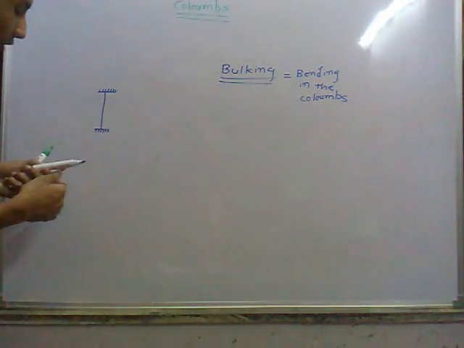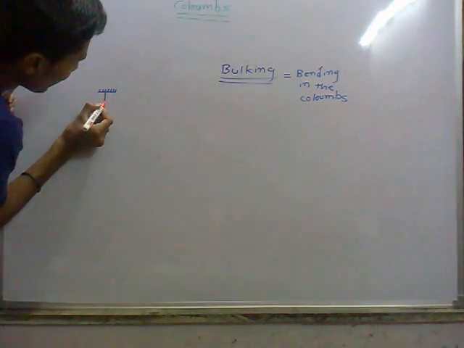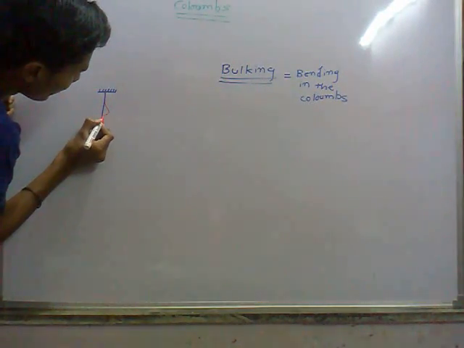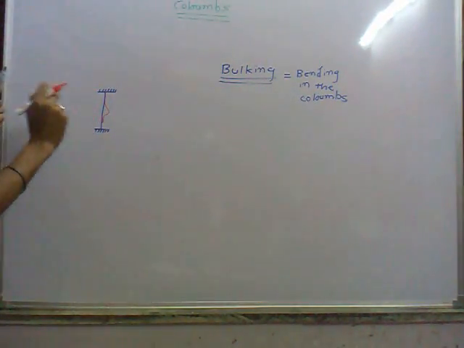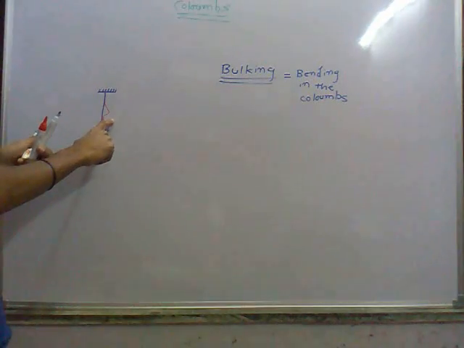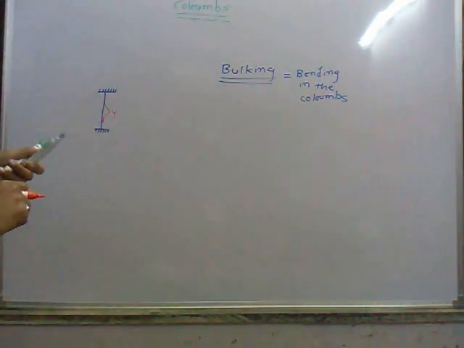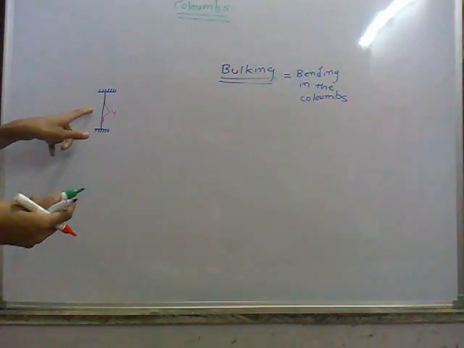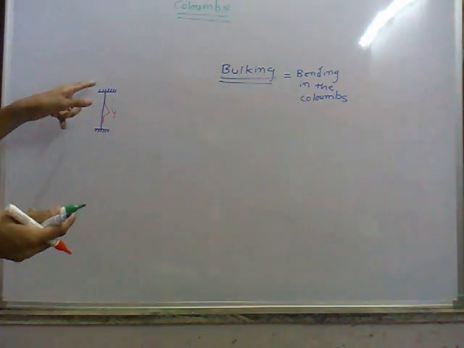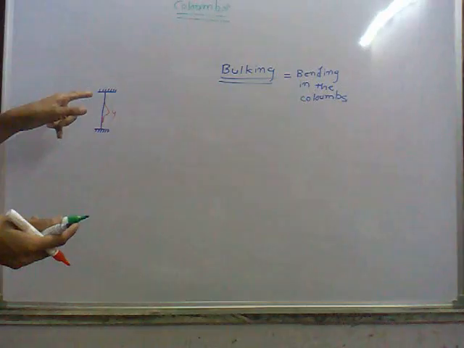The buckling in this fixed column is like that. That means it is a bending moment in this column. It is the point at which we are taking the moment. So this is the buckling in the column when the column is fixed at both ends.